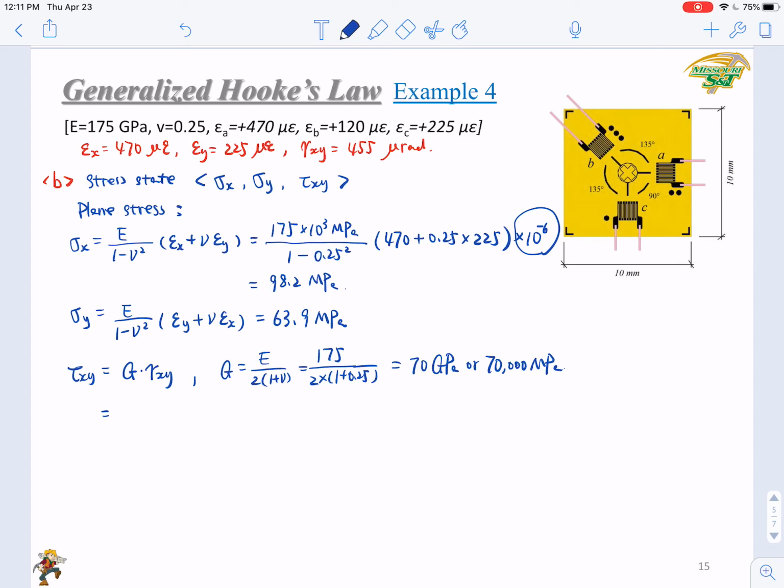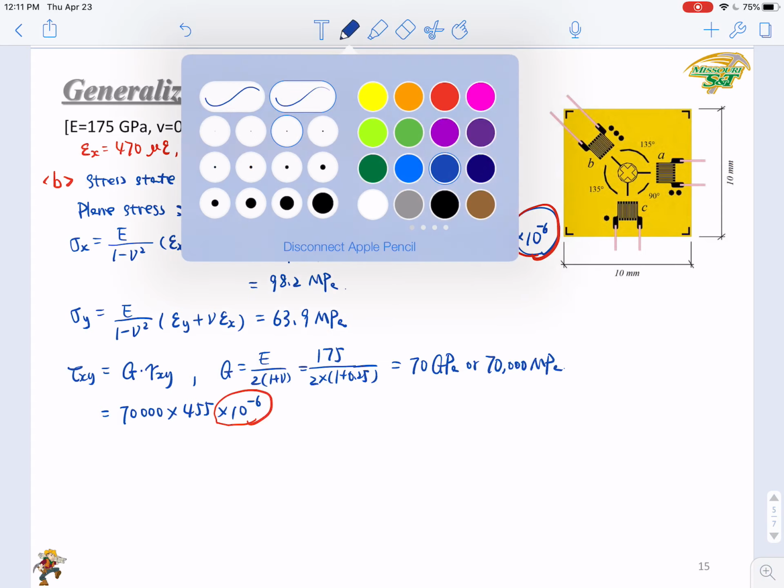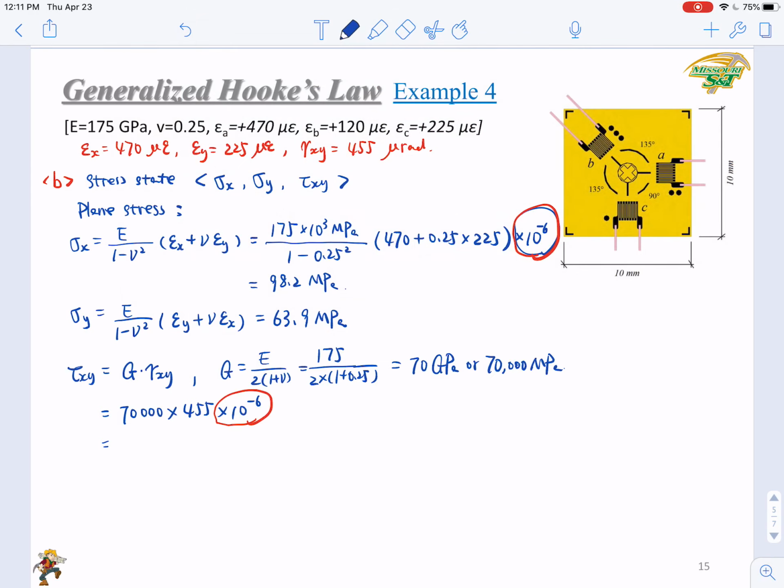The G is 70,000 times 455. Again, do not forget micro. This is important. Do not forget this. Here you will have 31.9 MPa.